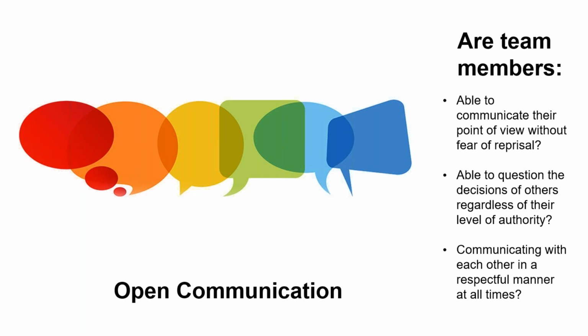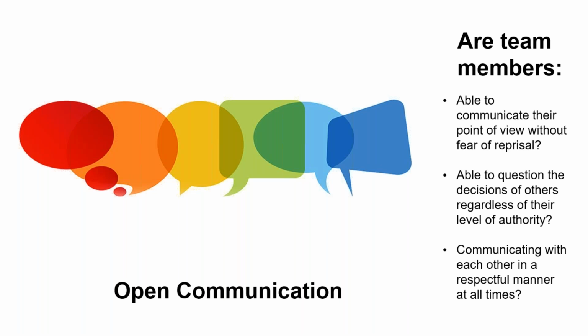their point of view, to speak up, to ask questions without fear of reprisal, right? If they see an error happening or somebody maybe not following protocol, the comfort level to speak up, regardless of the level of authority of the other person, is critical. The ability to communicate respectfully with one another and openly to create dialogue is critical.